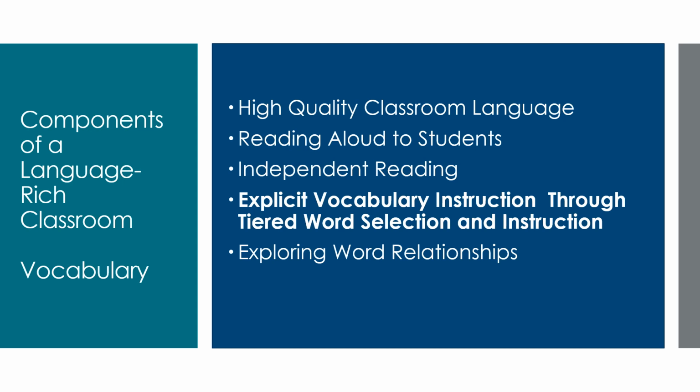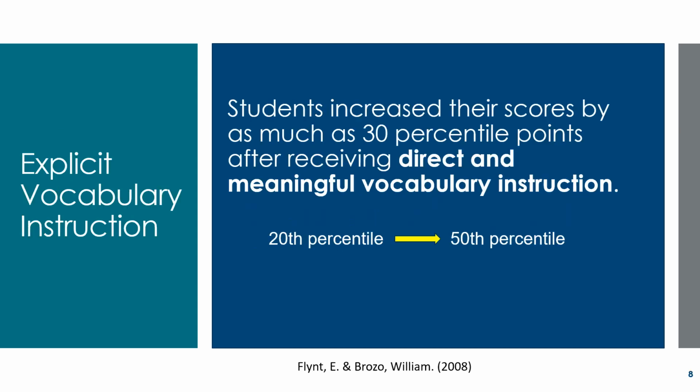Teachers also prioritize vocabulary words for direct, explicit instruction by evaluating the utility and selection of those words. Teachers can help students see relationships among words by sorting words by category, analyzing features of related words, and scaling words by likeness or degree. We are going to be looking at tiered word selection and an explicit routine to teach these words.